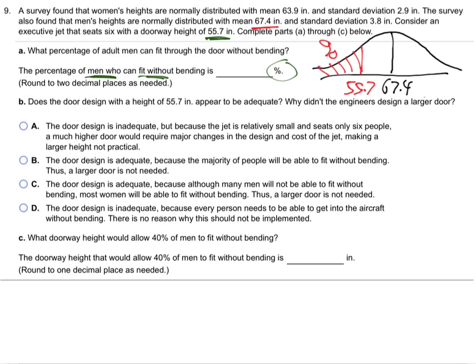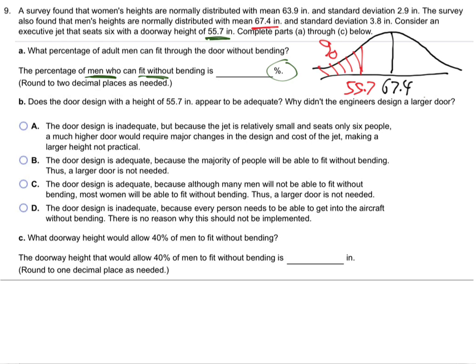What in the words? Because they have to fit through the door. They got to be shorter than that, without bending. That's what it says. The question is, what percentage of adult men can fit through the door without bending? So they have to be 55.7 inches or shorter. Does that make sense? There's not many men that are in that zone, I don't think. But does that make sense, how I knew it was less?